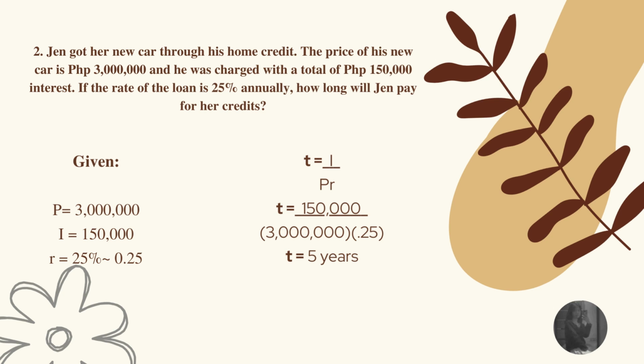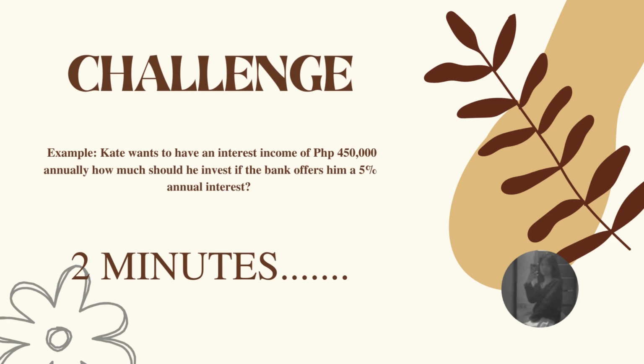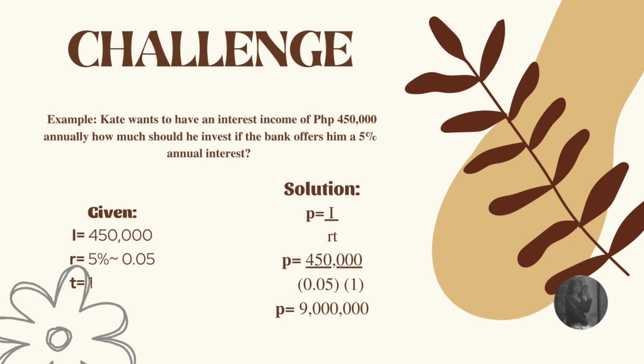principal rate. Okay. Now, makikita principal amount equals interest divided by rate and time.